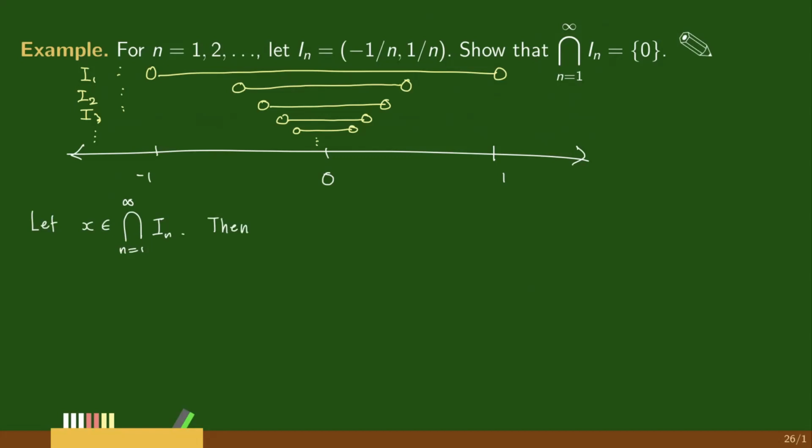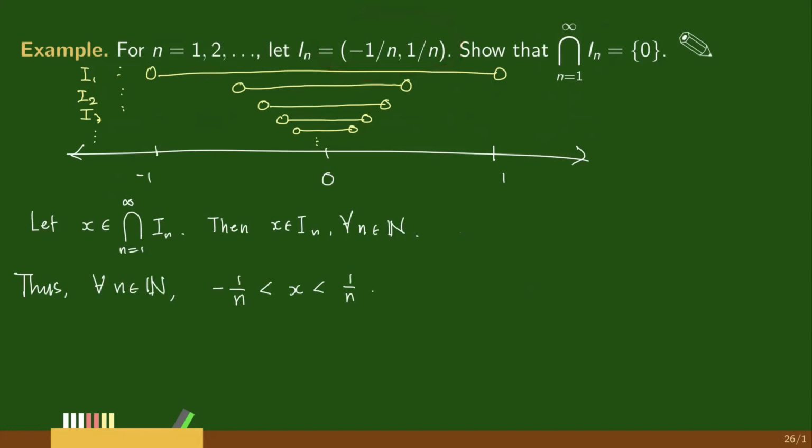By definition of intersection, that means to say, x is in I sub n for all n. Remember, kapag intersection for all, pag union for some. Okay? Thus, for each natural number n, what is true? Yung x mo nasa gitna ng 1 over n tsaka ng negative 1 over n, kasi yung open interval.